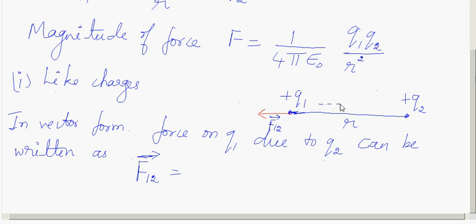Let me take this distance vector as R21, because we are taking a force on Q1 due to Q2.